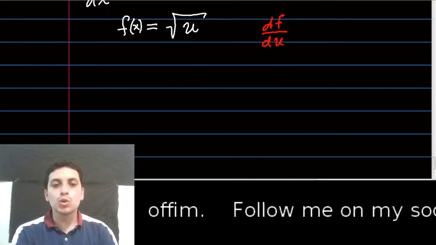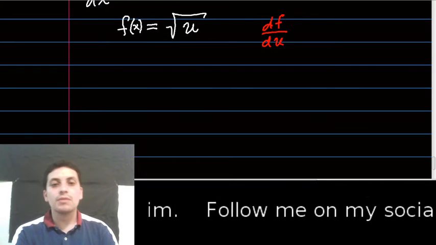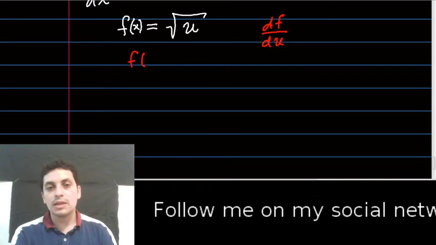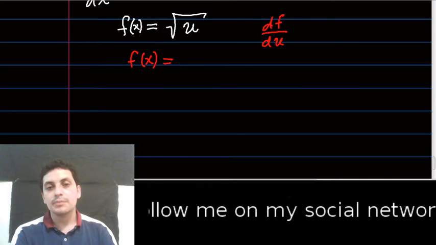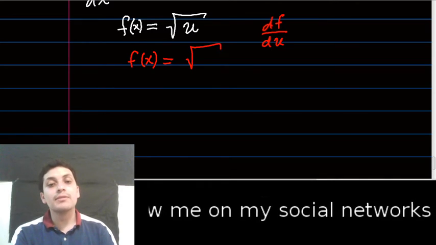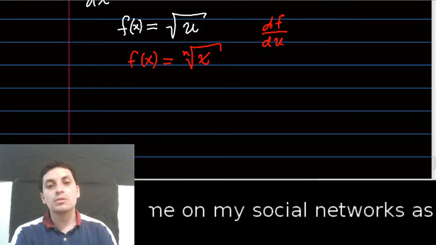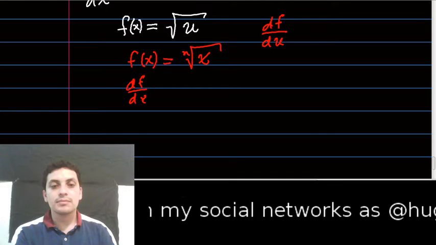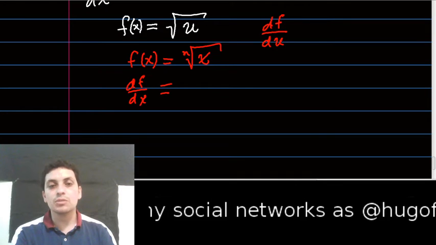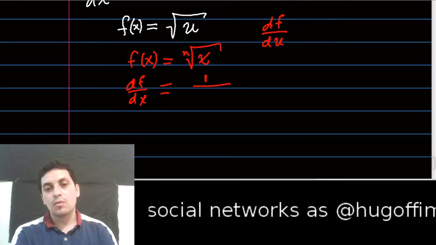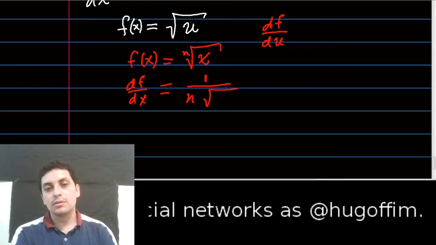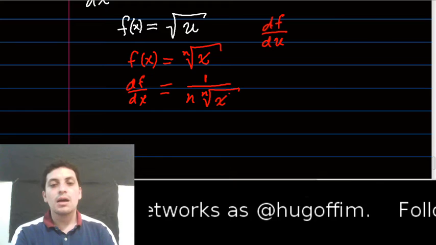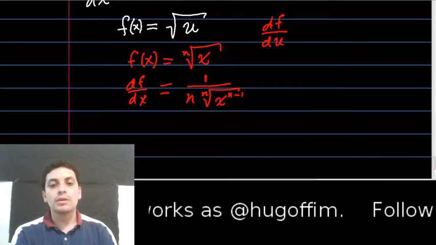But this is a root, a square root function. So if you go to a table, many tables can show you that if you have the nth root of x, the derivative is going to be 1 over n times the nth root of x to the n minus 1.